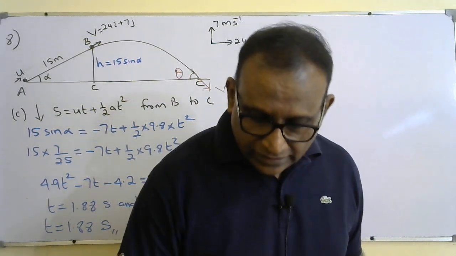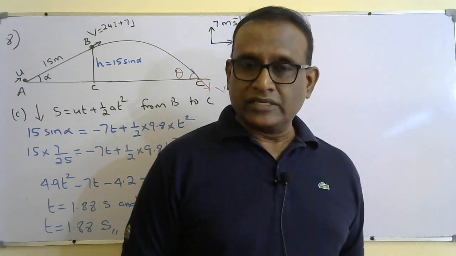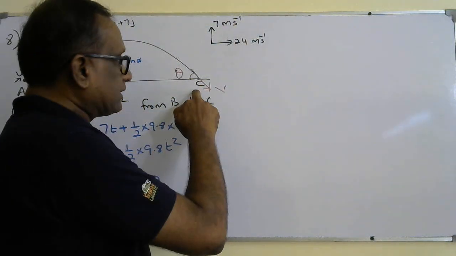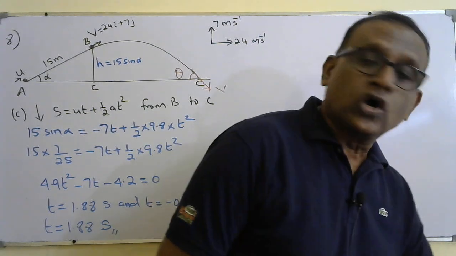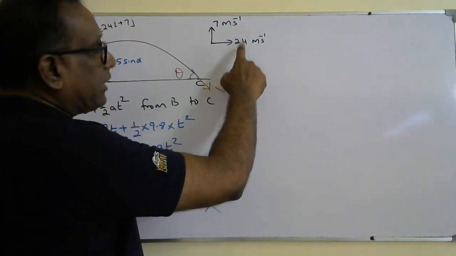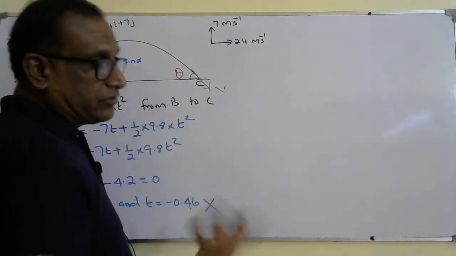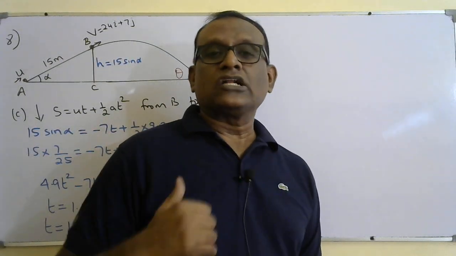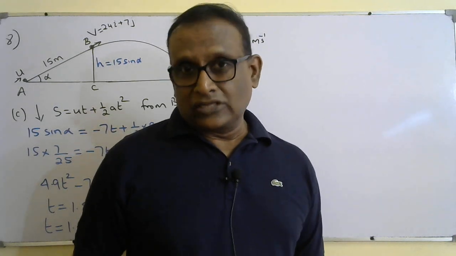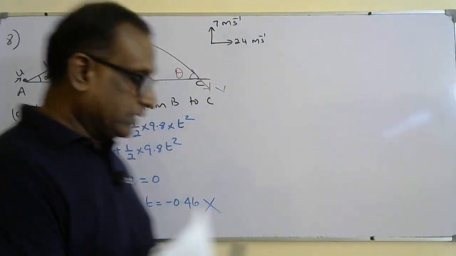So we'll find only the vertical component of the particle just before it hits the ground. The horizontal component will be the same. Then if I know both components, which is going to be 24, no change, and the vertical component, by using vectors, that is if I know two right angle components, I can find the angle of the resultant velocity. I'll do that now.